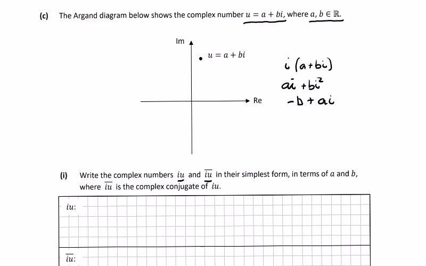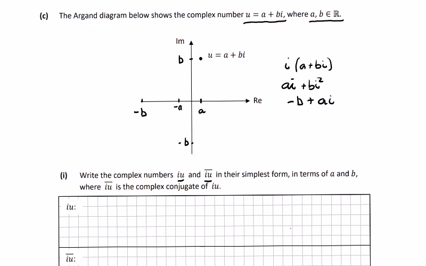So if we just put in our scale here, that's a, that's b, so minus a and minus b might be needed here. So minus b plus ai. Actually, I'm going to put the minus b in here as well. About there, maybe a bit too far.